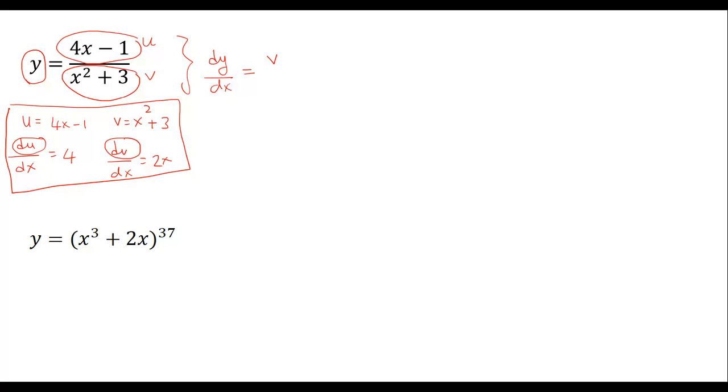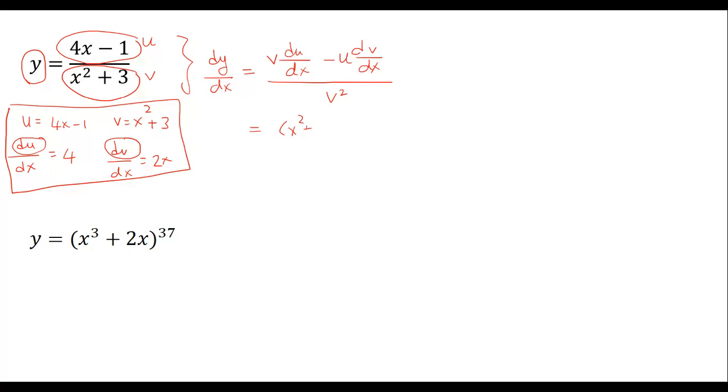Now, how do we do that? We start with the denominator first, and then we put the du dx, and then we do the counterpart of it. So now we have dv dx, and then we divide them all with v square. Once you identify that, the rest is just plugging in your formula.